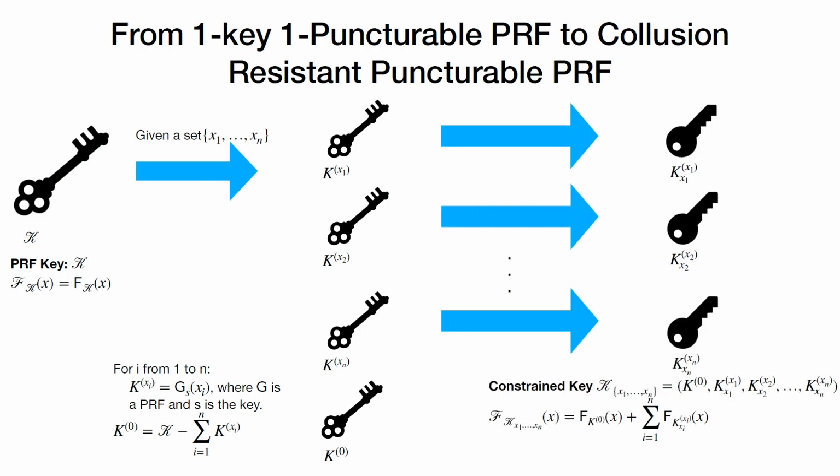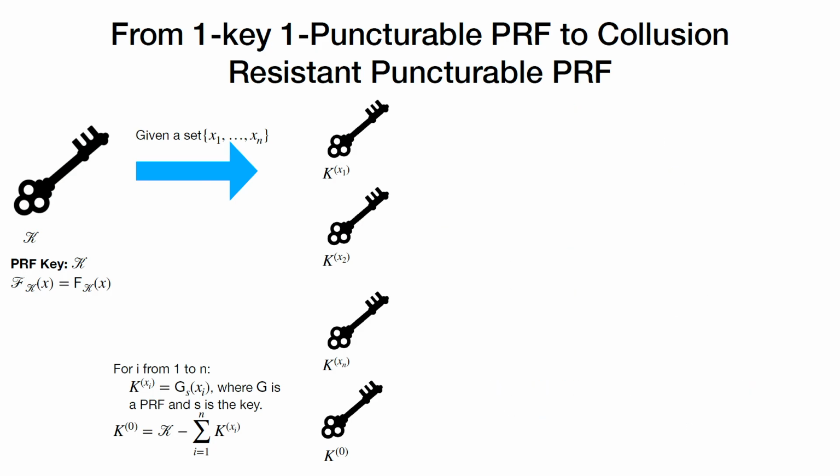So we will also connect the k_x1 to k_xn with the original PRF key k by using another PRF key k0. That is, k0 is equal to k minus the sum of all the k_xi's.